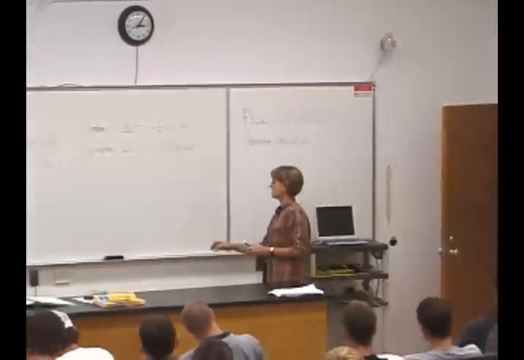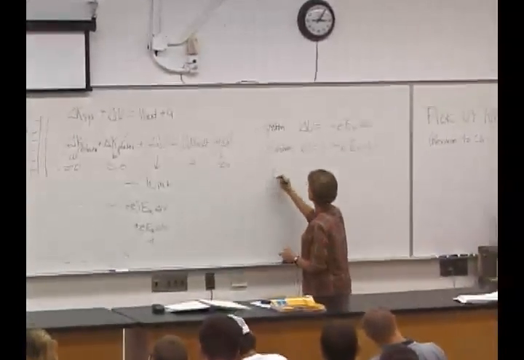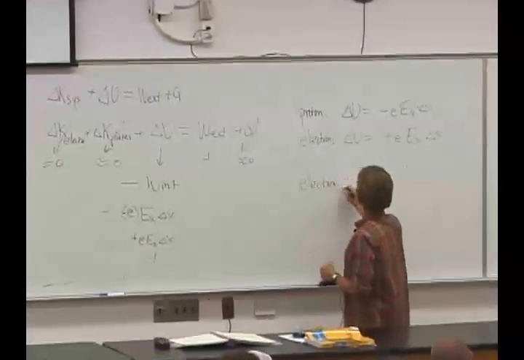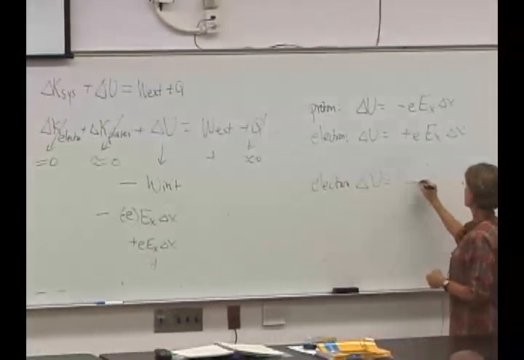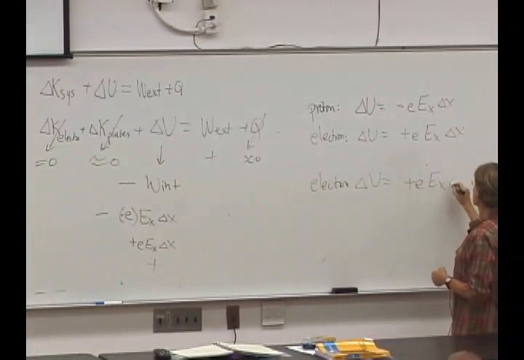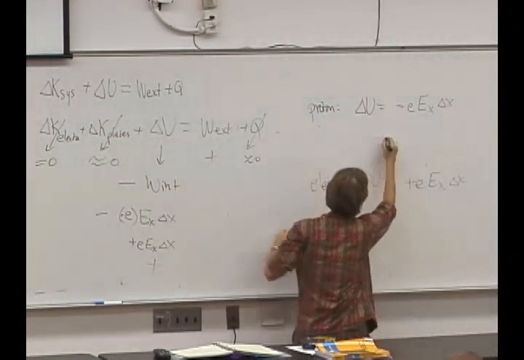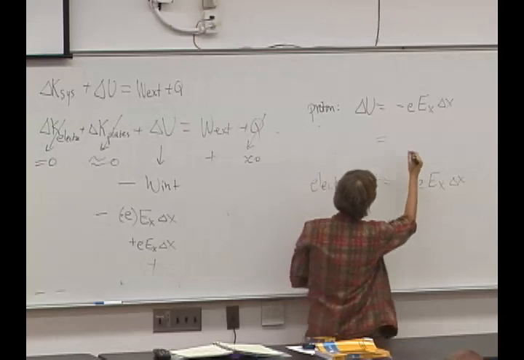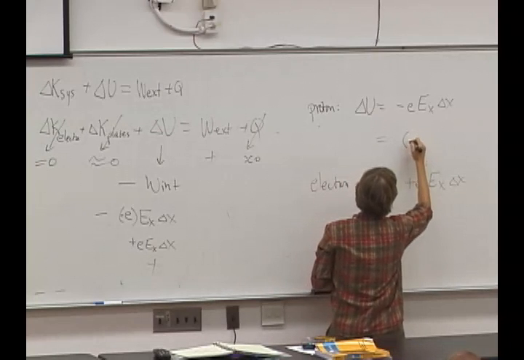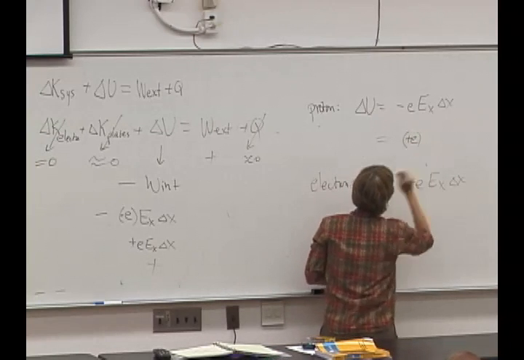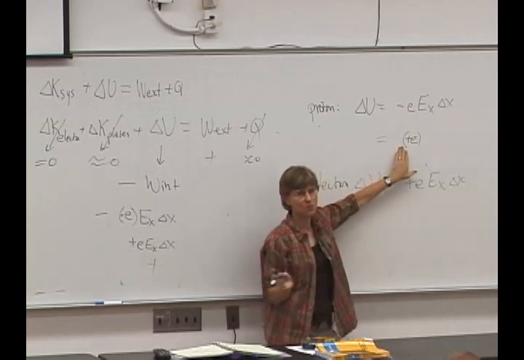Okay, so actually let me move this line down. Delta U is plus E_x delta x. Okay, now we have room to write here. So we want to write this as the product of the charge on the particle times some quantity.